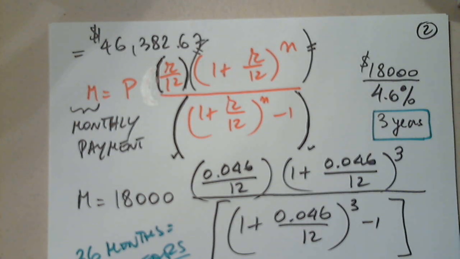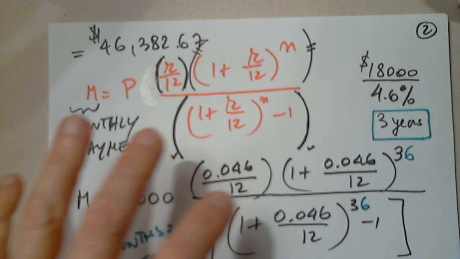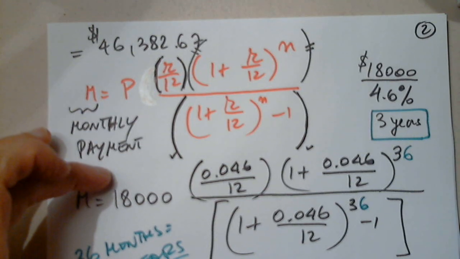Okay, so the screen isn't showing again? I'm not sure which connector is causing that issue. Okay, so in this case, I have to enter it as 36 months. As I said, I have this formula in my program in my calculator.